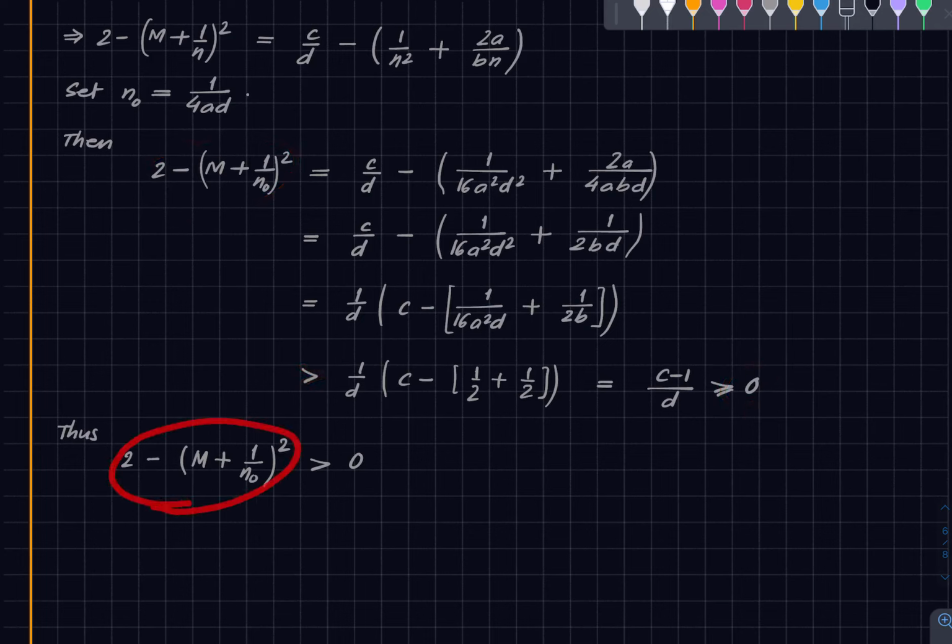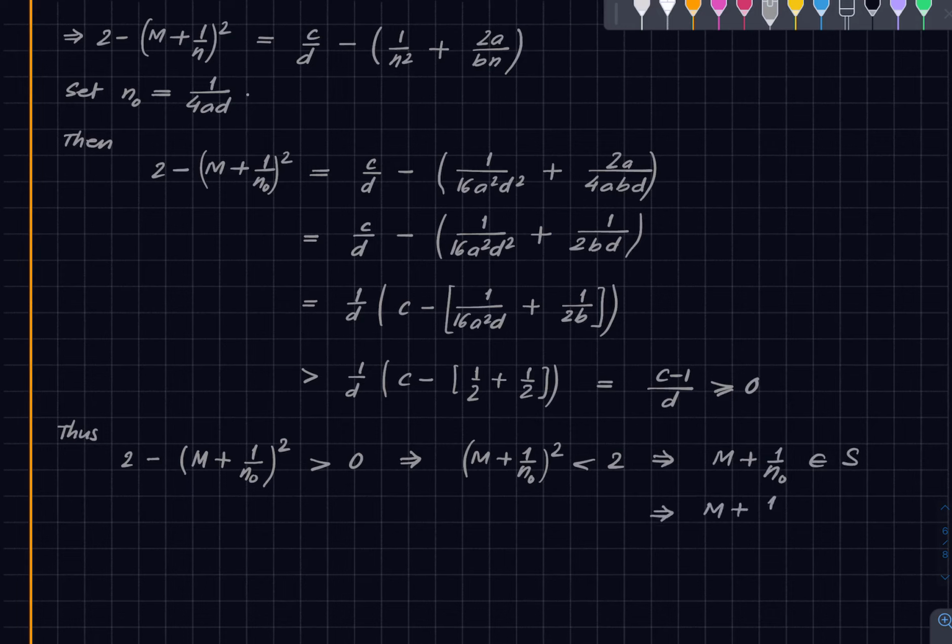So this is strictly greater than 0, which implies that M plus 1 by n naught whole square is less than 2, which implies this guy is in S, but since M is an upper bound to S, we have this, which is a contradiction.